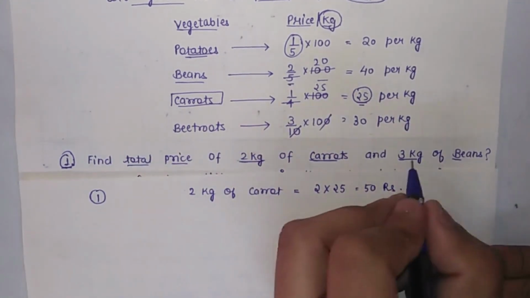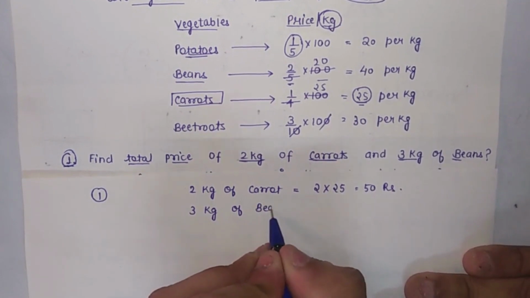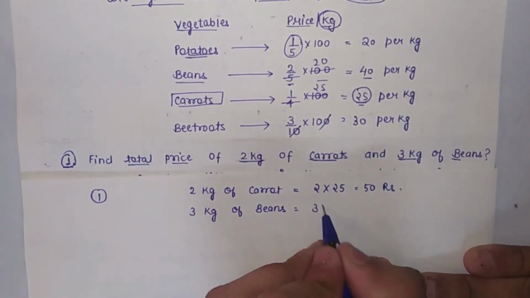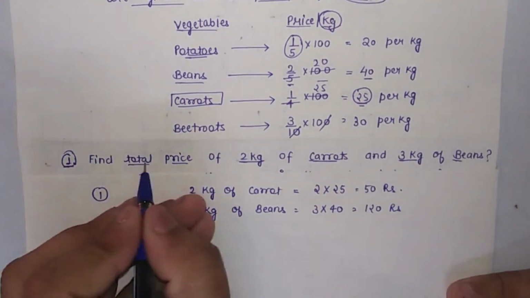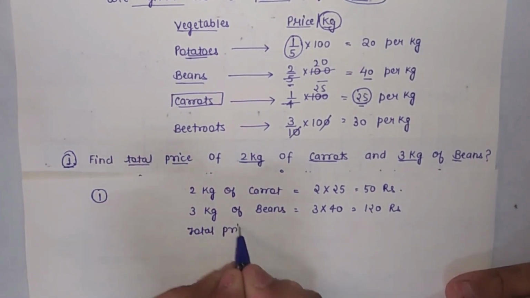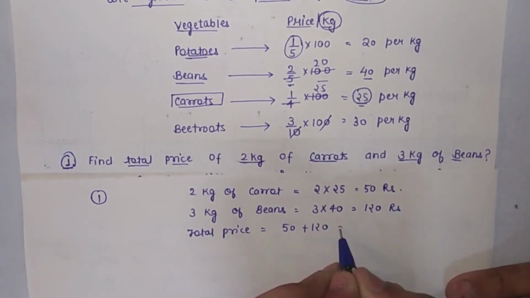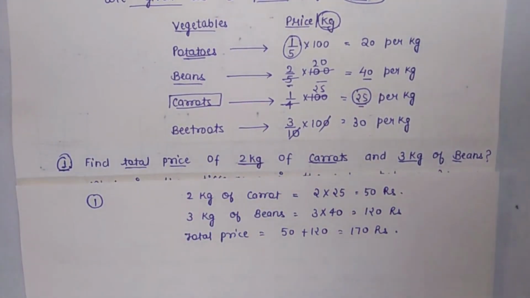Similarly, for 3 kilogram of beans, 1 kilogram of beans costs rupees 40, so 3 kilogram of beans will cost 3 times 40, which is 120 rupees. We have to find the total price, so we take the sum of the above two, 50 plus 120, which is 170 rupees. This is the total price of 2 kilogram of carrots and 3 kilogram of beans.